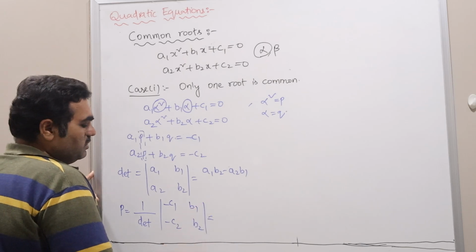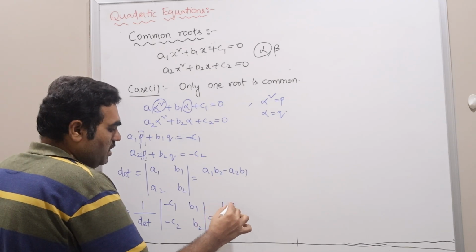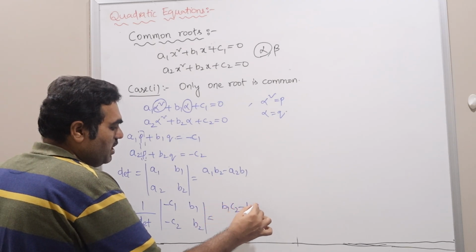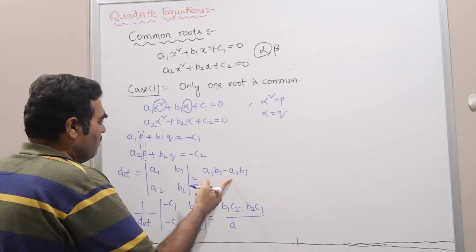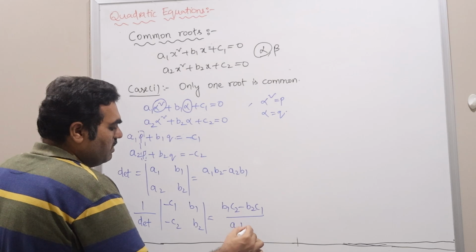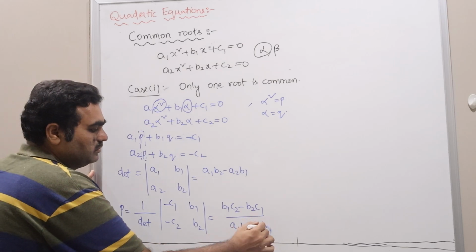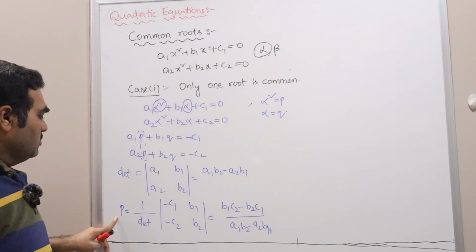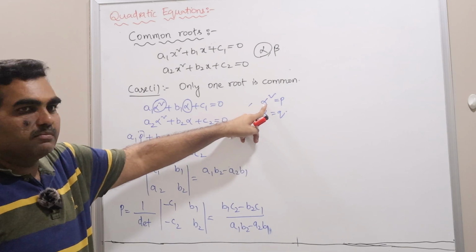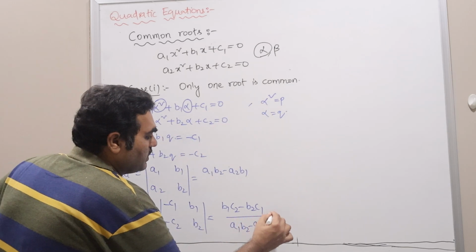If you cross multiply, this is equal to b1c2 minus b2c1 divided by the determinant we calculated, a1 b2 minus a2 b1. I hope you got it. So P means alpha square, and this is alpha square.